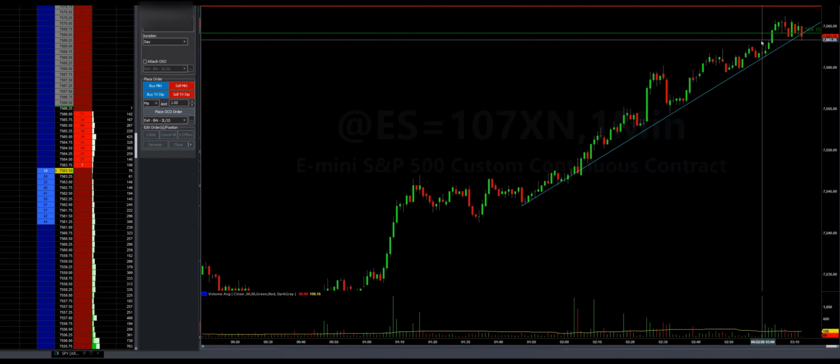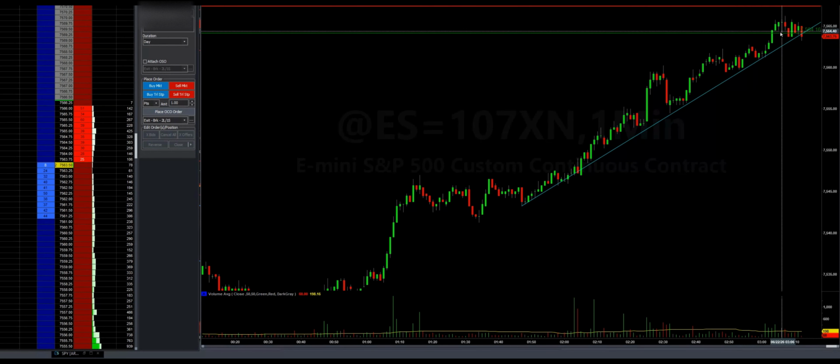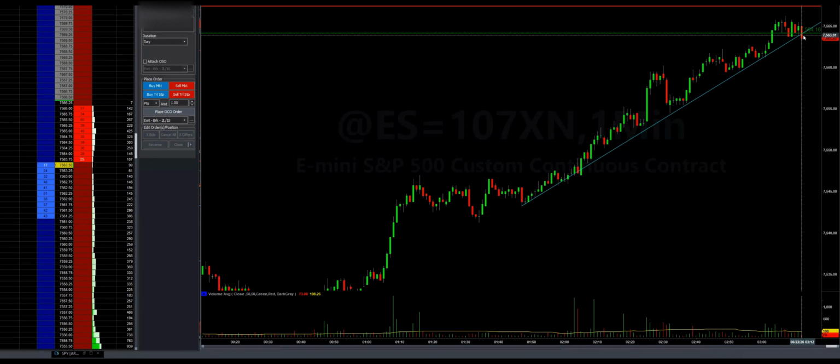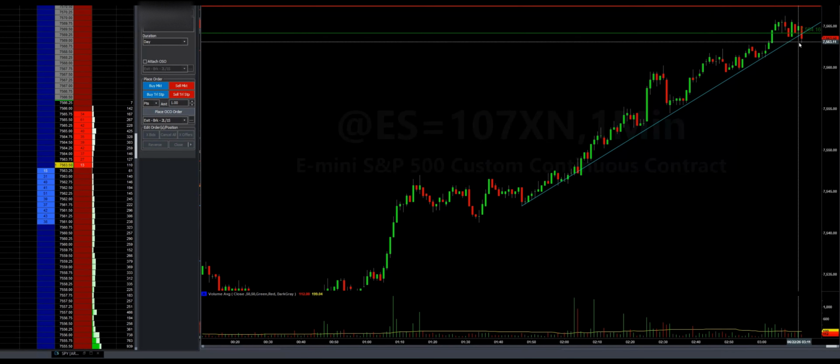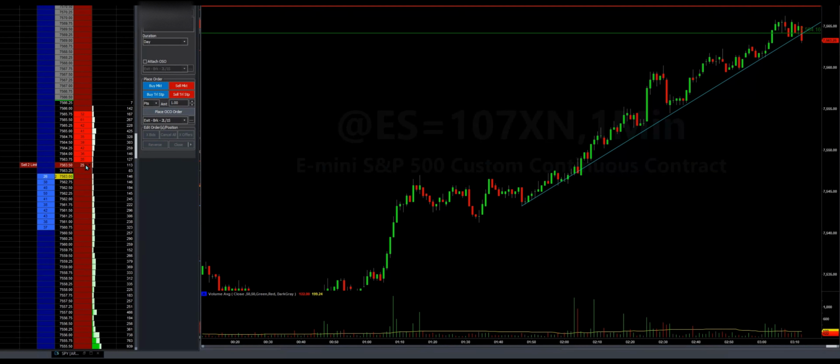So we don't have bearish engulfing or shooting star yet. The trend has been validated. Once it closes below it, I'm going to short.